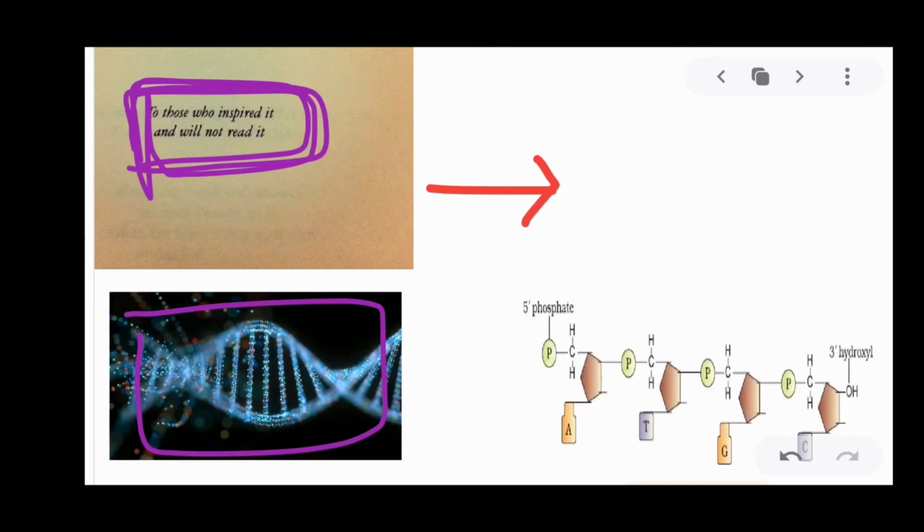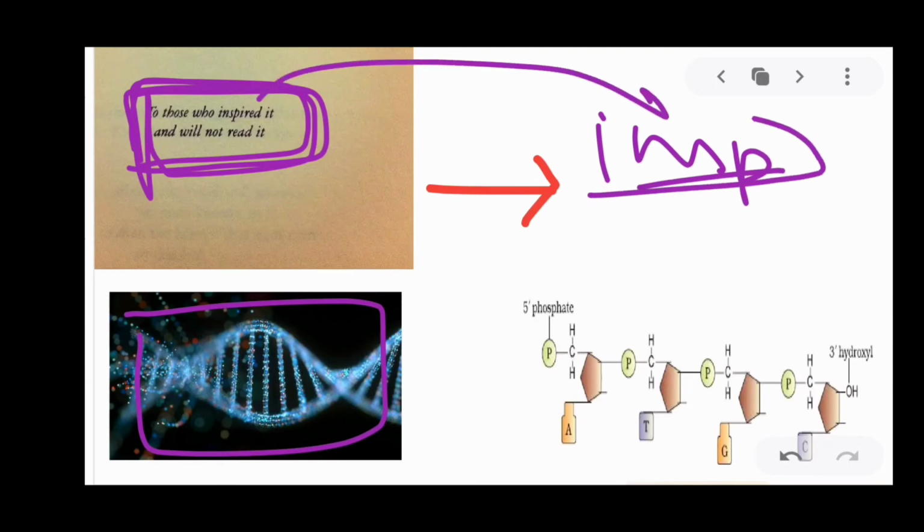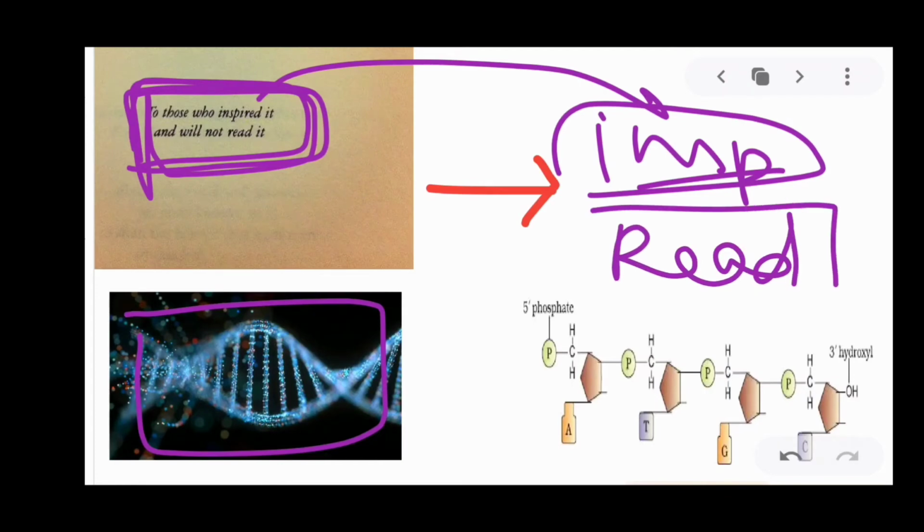And inside this there will be different words, like inspired, we can say, from here. So inspired is a different nucleotide. And then read, we can say, is a different nucleotide.